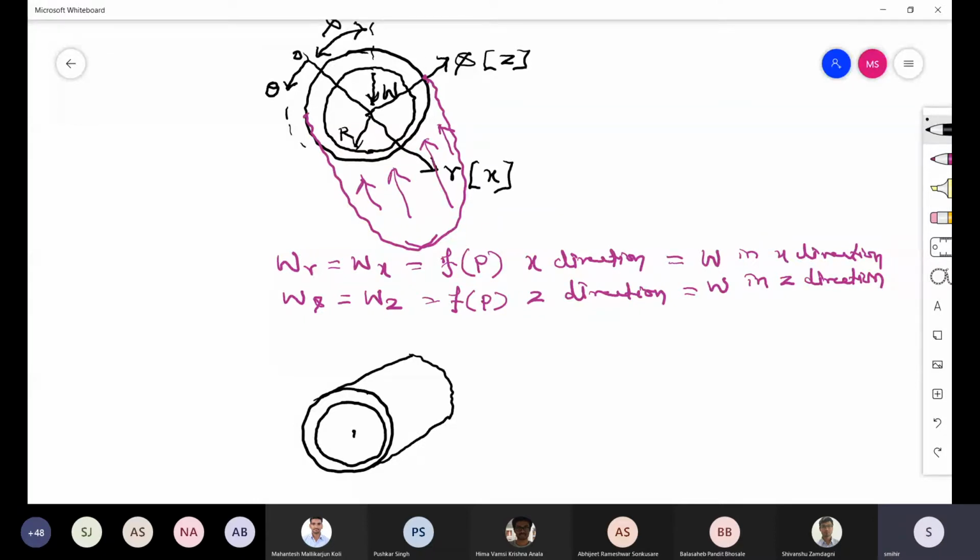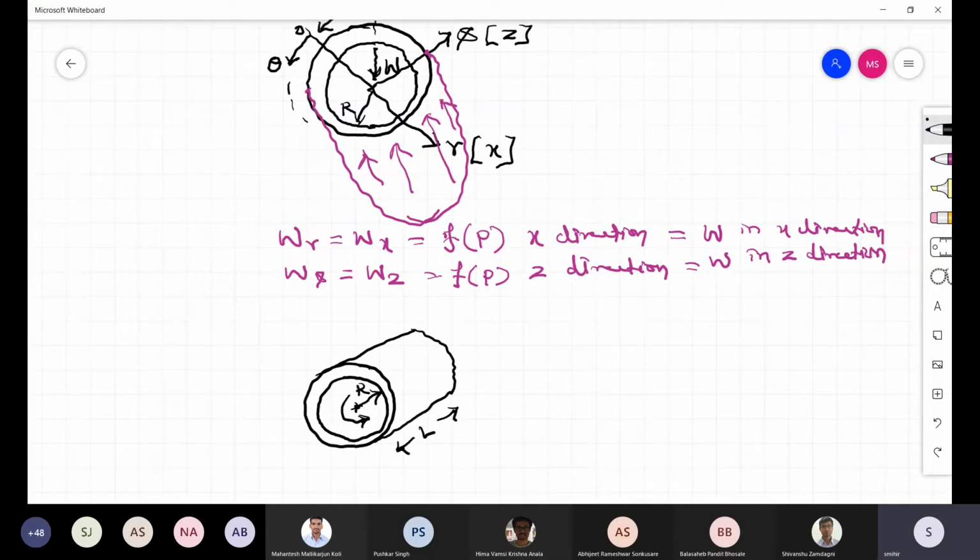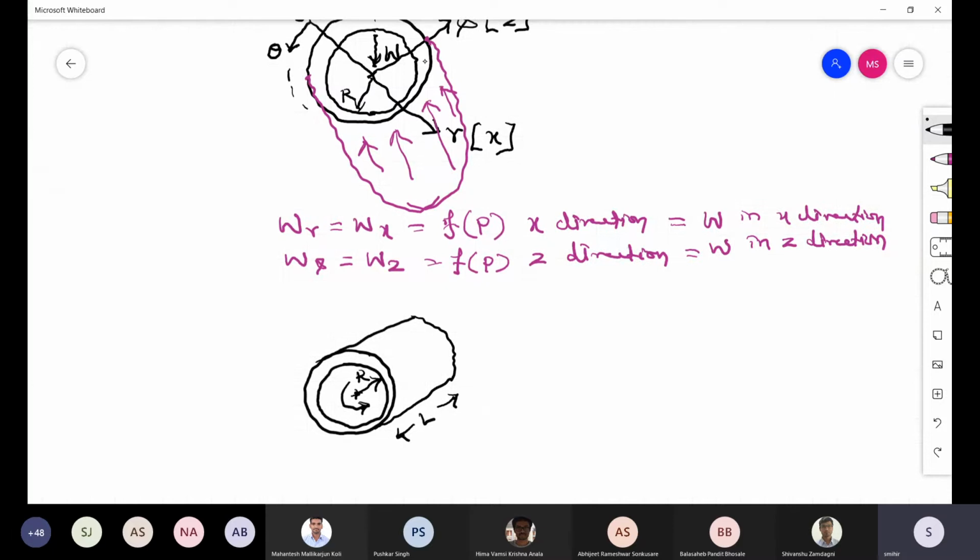The inner cylinder is rotating inside the outer cylinder. This we normally treat as length L, and D or R. Let's say this is R. D is the diameter of the journal, so D equals 2R.